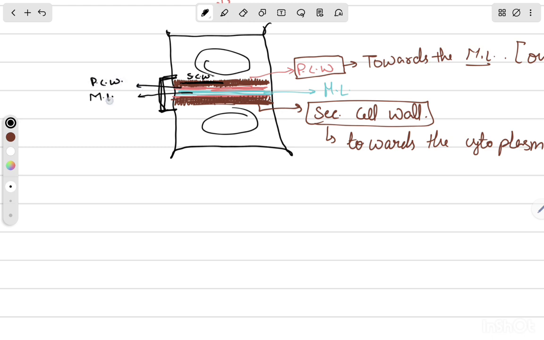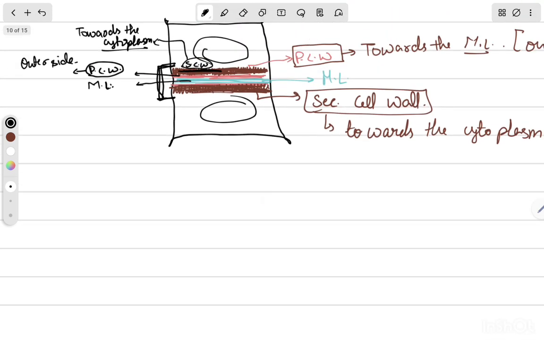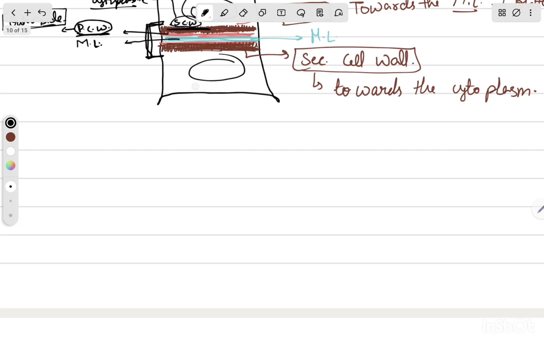So location of primary cell wall is towards the outer side, right? Location of secondary cell wall is towards the cytoplasm, which is very important. This question may be asked in your part test or in your exam, that secondary cell wall is formed towards the cytoplasm and primary cell wall is present towards the outer side or towards the middle lamella.